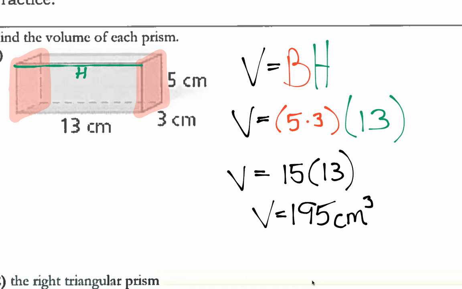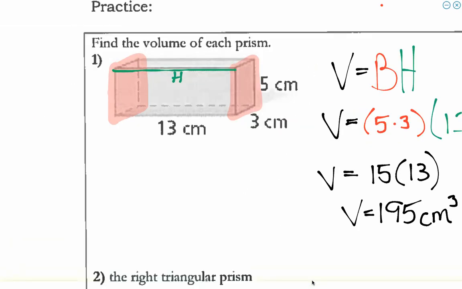I think that's a pretty good flow of how to follow this problem. Let me do it just one more way, just in case I did it a little bit differently than your instincts would have told you to do it. If you were thinking that the base is down here, that's fine. Then your height would be right here.